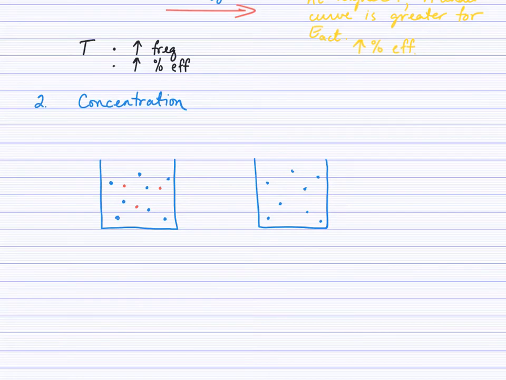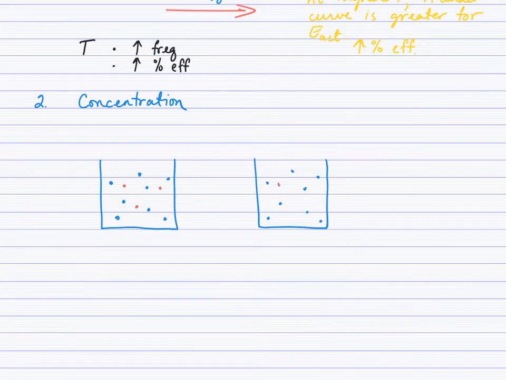The red and the blue dots represent the reactant particles. Those particles need to collide with the right geometry and possess at least the activation energy in order to produce successful collisions. So with only 3 red particles there, we have a certain number of collisions that will occur, and whatever percent are effective will determine the rate.